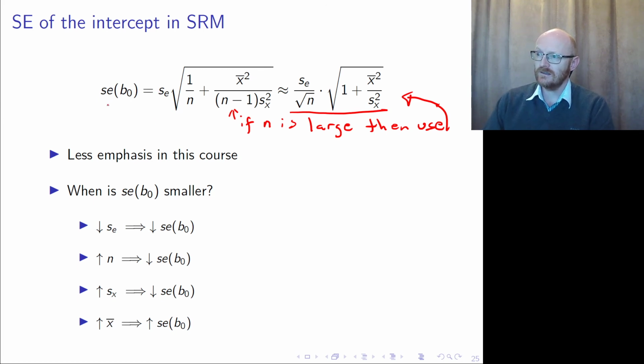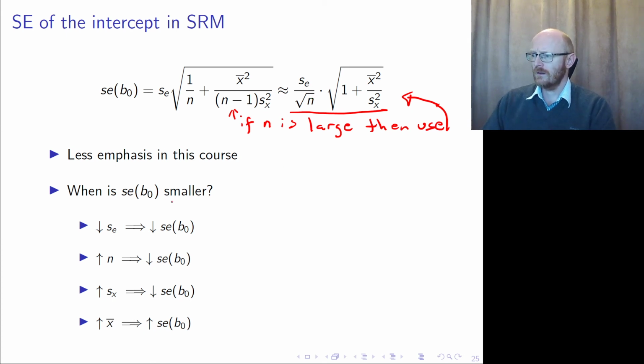It says that the standard error, the uncertainty of the intercept, is dependent on the regression standard error, which is the standard deviation of the residuals, and it's dependent on the number of observations and the mean value squared of the x variable, and the standard deviation or the variance of the x variable. So how can we interpret this?